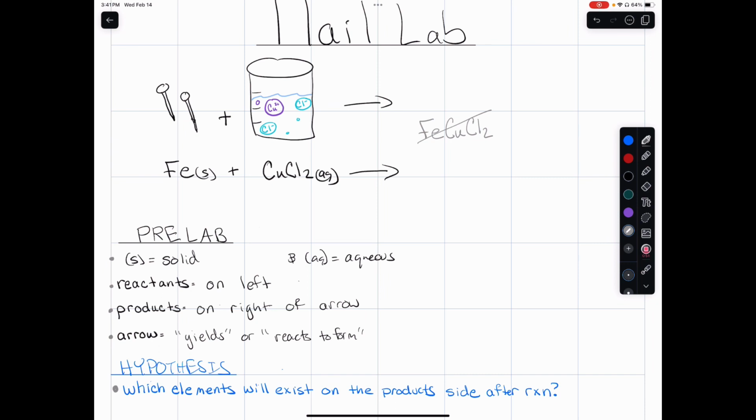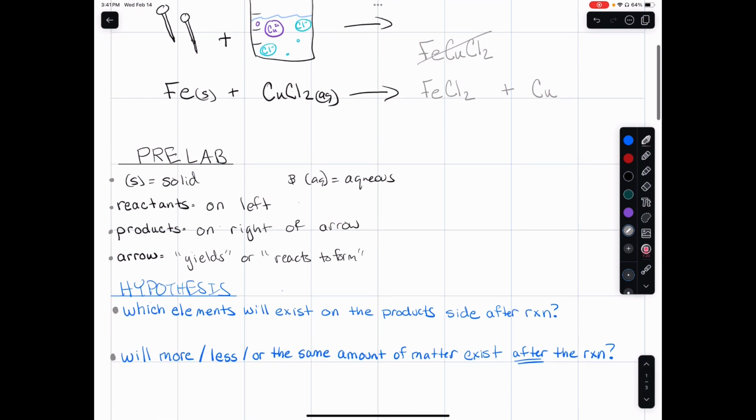So any combination of iron and copper is not the best choice. What other possible combinations are likely? How about iron with the chlorine and copper? That's a choice. That would be a reasonable hypothesis based on what we have learned.